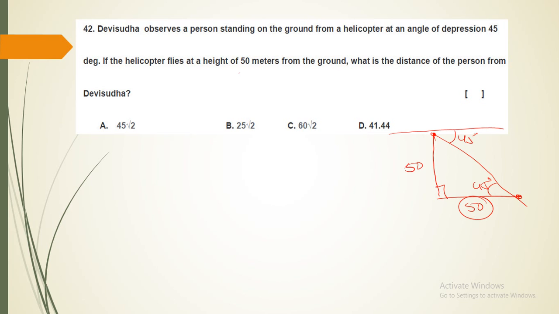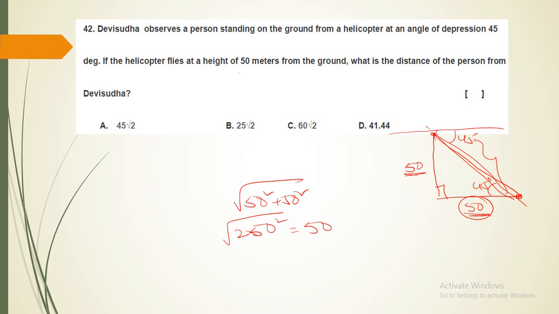Now what is he asking? What is the distance from the person to Devi Sudha? He is asking you to find the hypotenuse value. Since this is a right angle isosceles triangle, the hypotenuse is 50 root 2. The hypotenuse is square root of 50 square plus 50 square, which is 2 into 50 square under square root.